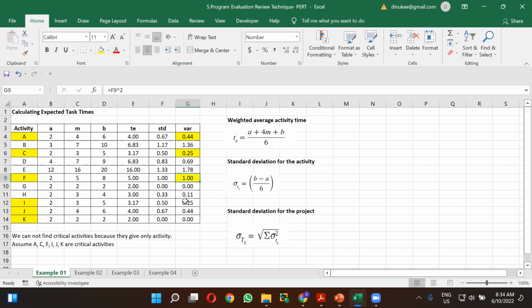And for I, J, K, I have highlighted them. So for the standard deviation of the project, you have to take the variances of the critical activities, sum them, and then get the square root of that. Can you calculate this and tell me the amount?